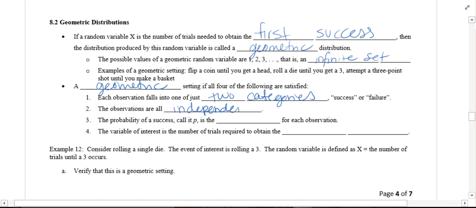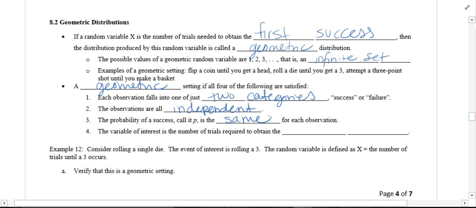So each trial is independent of the previous ones. Okay, same as binomial. The probability of success, call it P, is the same for each observation. That happens in binomial. What's the one thing that's going to be different? So go back and look at your notes. These 3 things happen in binomial. What's the other thing in binomial? What's the 4th thing? Go back and flip to I think it's the first page of your notes, binomial setting. There's 4 properties. What's the 4th one?